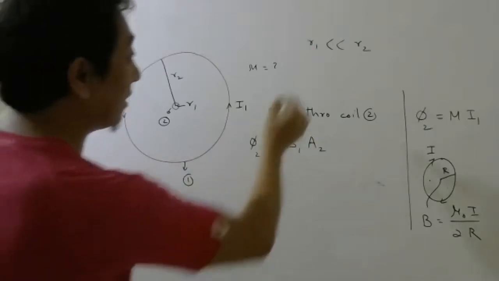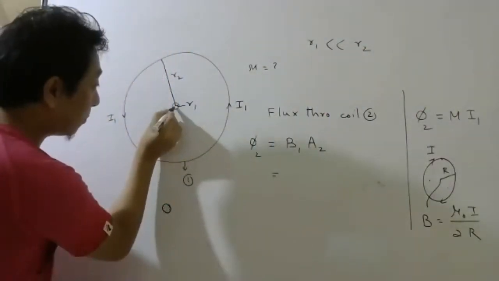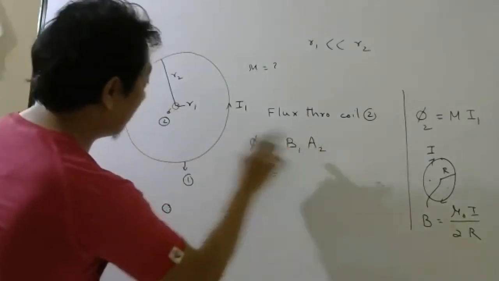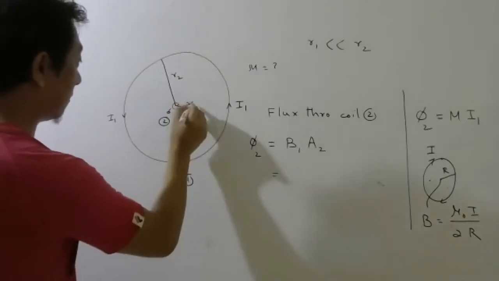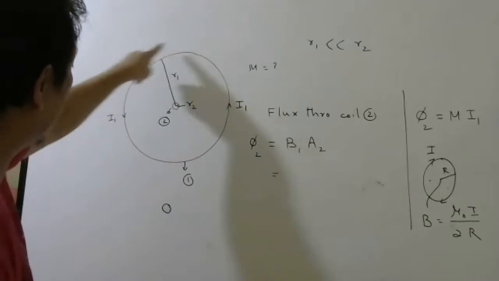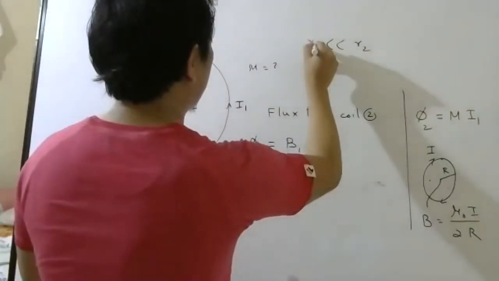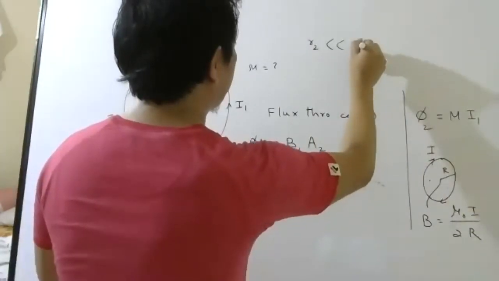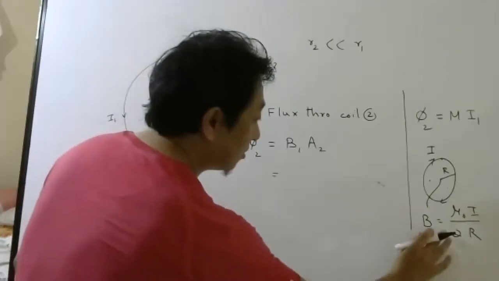So that is why they told us this radius is very, very small, so that at every point of this area, A2, this is R2. Because I wrote this is coil number 1, this is coil number 2. So R2 is very small compared to R1. Now it is correct. So for this magnetic field, I can use this formula.